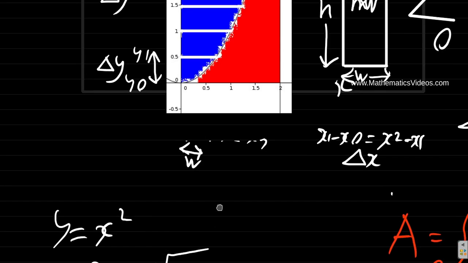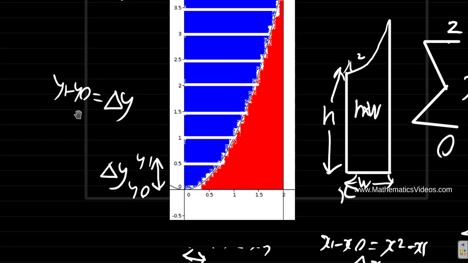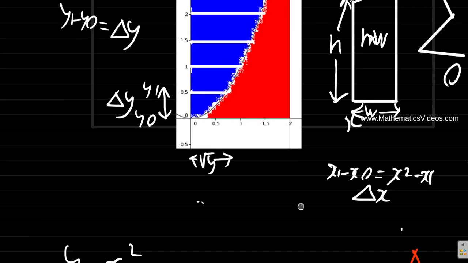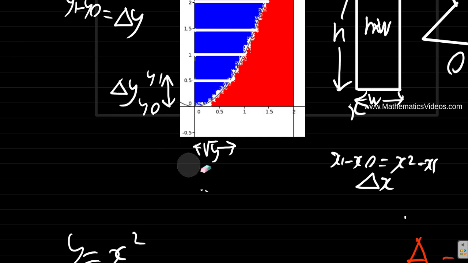Now, the x, the width, is changing. It is the square root of y. You see that? Those are the widths of each of them from 0. Now, suppose you consider doing this.